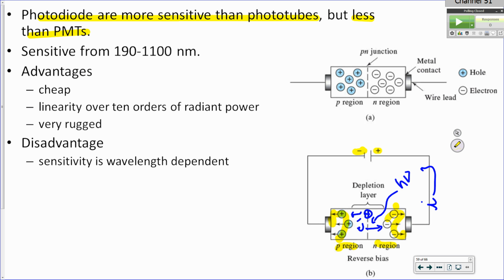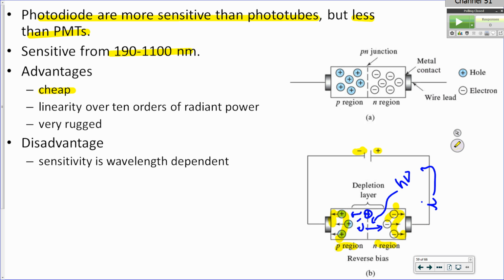So they're kind of in the middle. They're fairly broad range sensitivity, but they change a lot with every wavelength. The good thing about them is, like anything chip-based, they can be mass-produced cheap, so you can make these things for a few pennies a piece.